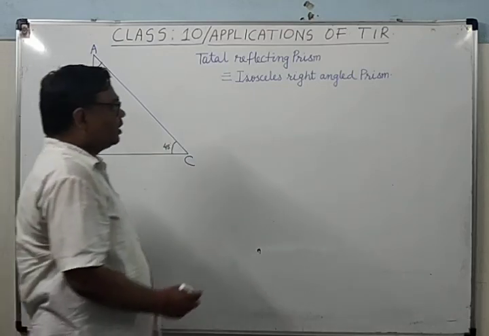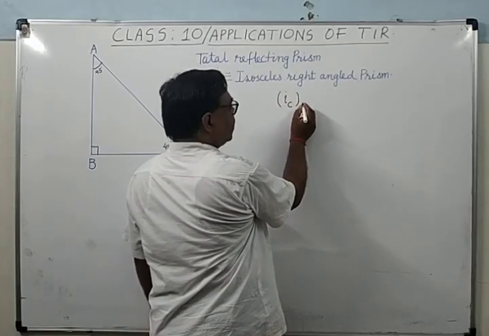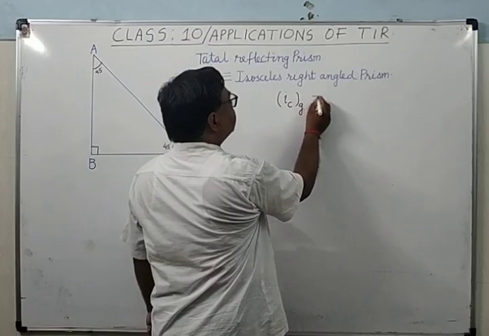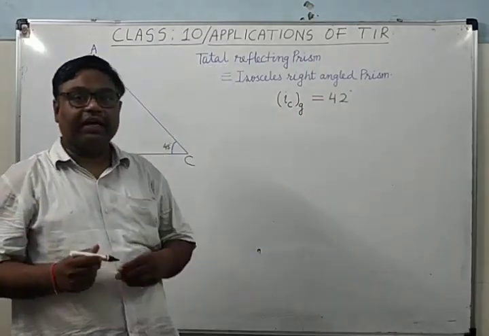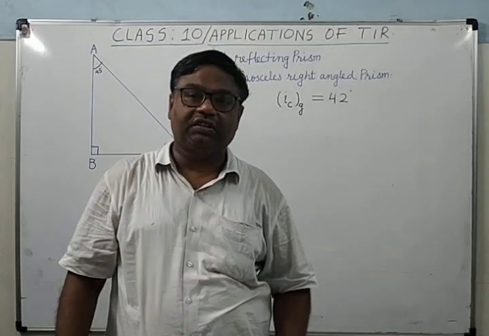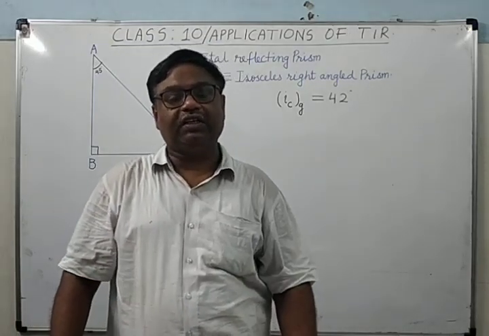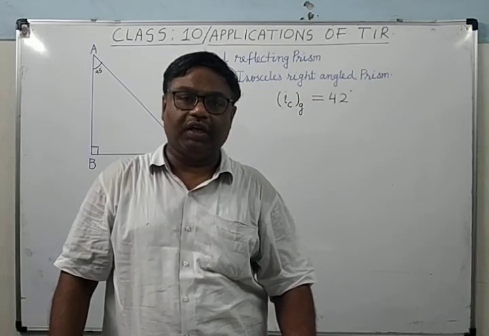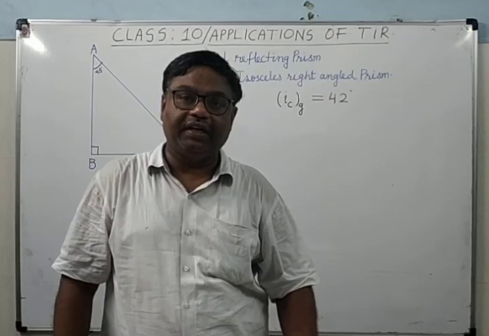As we know, the critical angle for glass with respect to air is 42 degree. Means when the ray is going from glass to air, and the angle of incidence in the glass is 42 degree, then the angle of refraction in the air will be 90 degree.